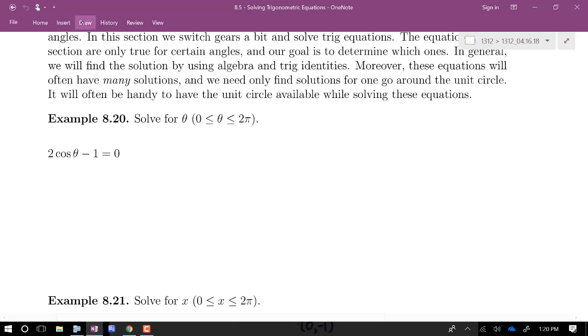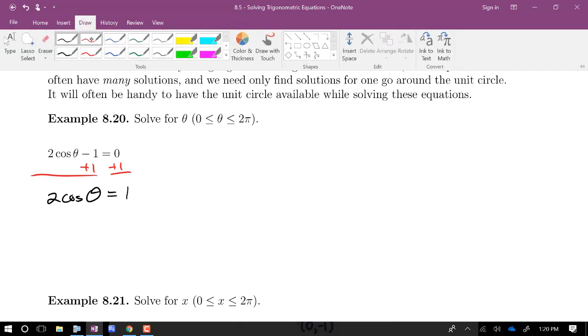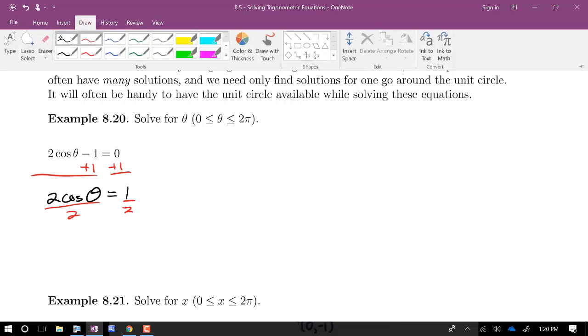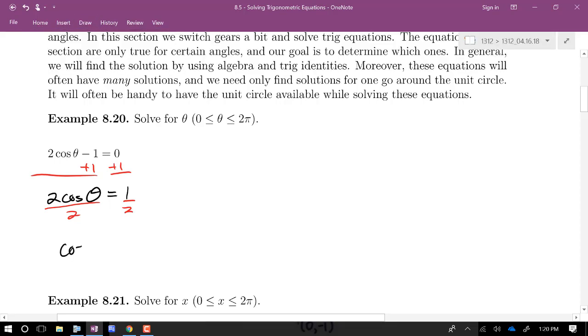So we could add 1 to both sides. So we get 2 cosine theta is equal to 1, and then divide both sides by 2. And we get cosine theta equals 1/2. So I'm looking for the angles, just one go around the circle, where cosine theta is equal to 1/2.